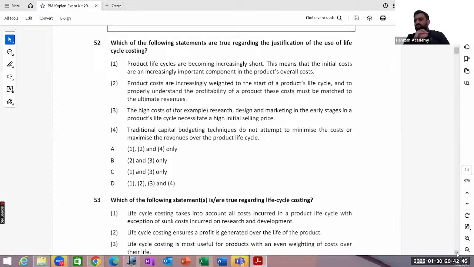So which of the following statements are true regarding the justification of the use of life cycle costing? Okay, read the statements and tell me which are correct or true about life cycle costing.